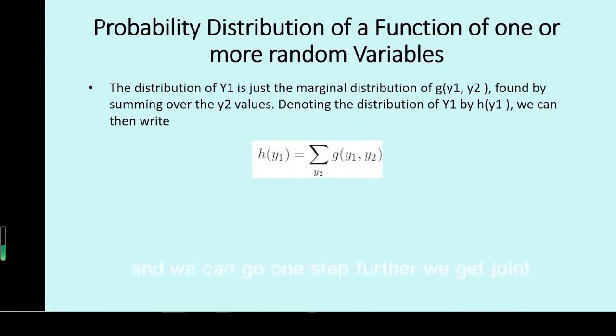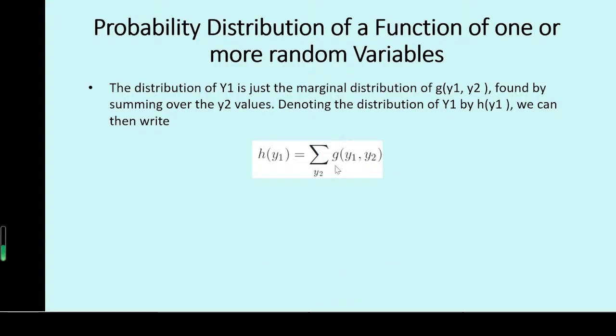And we can go one step further. We get the joint probability distribution of Y1 and Y2. Then we can calculate the distribution of Y1. This is just the marginal distribution of g(y1, y2), obtained by summing over all y2 values. We can denote the distribution of Y1 by h(y1), which is the sum over all possible values of y2 of g(y1, y2).